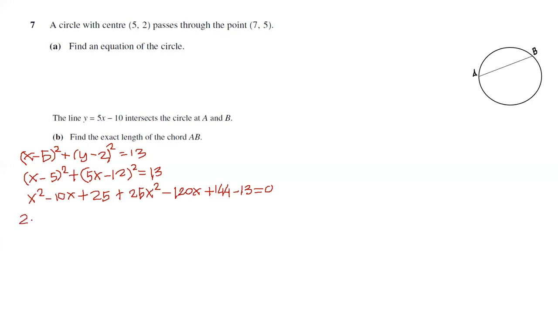It becomes 26x squared minus 130x plus 156 equals 0.